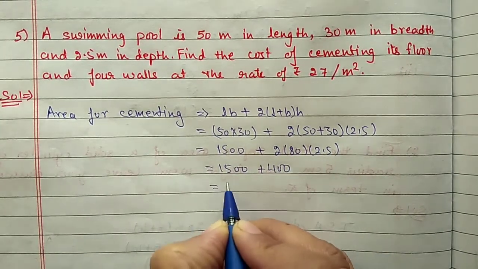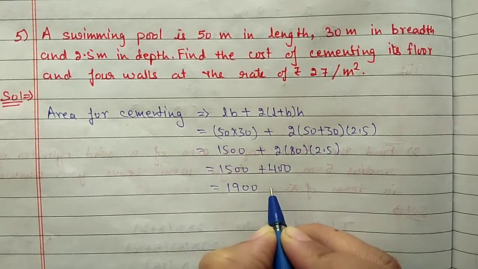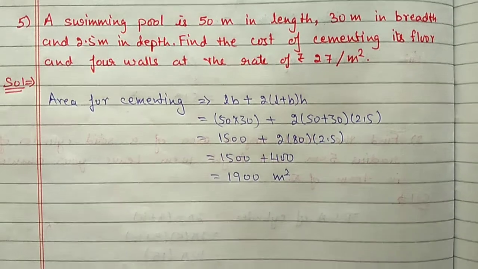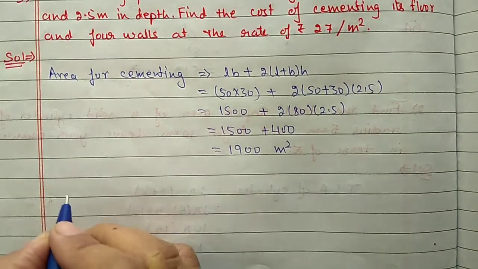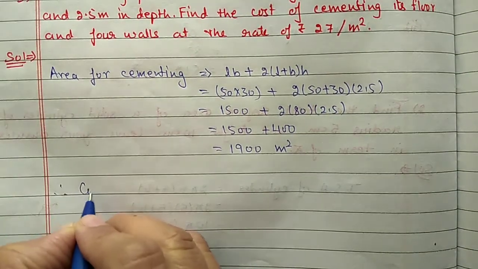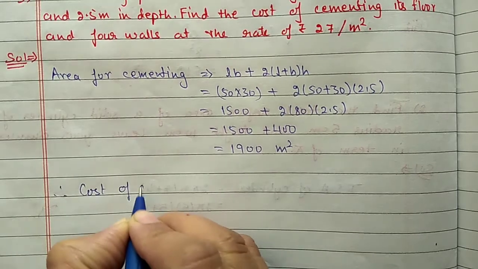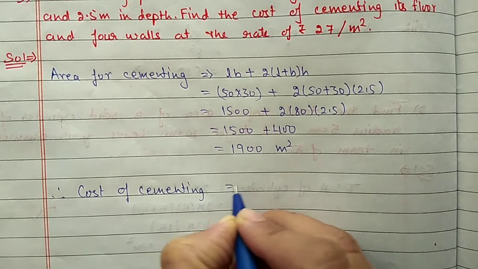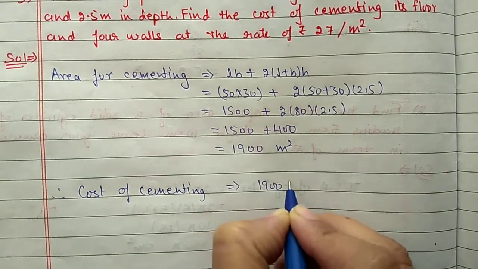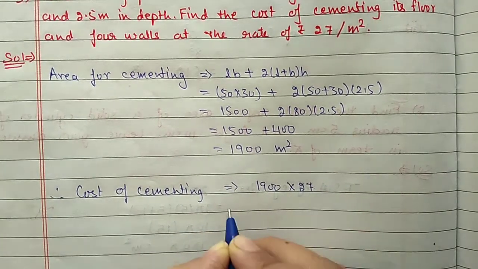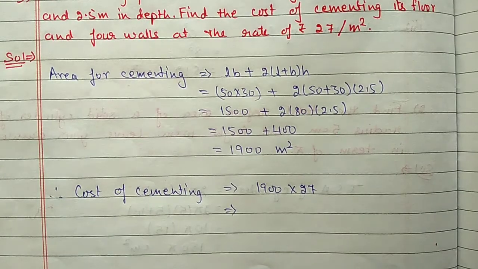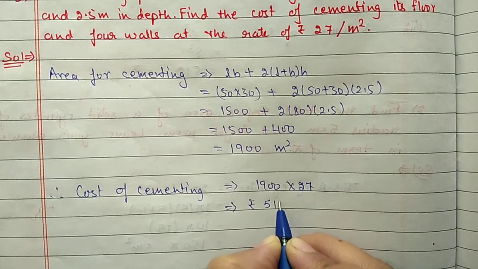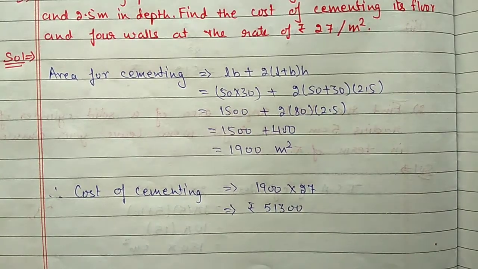So this total area will be 1900 meter square. Now this we can multiply with the cost and we will find out the total value. Therefore the cost of cementing is equal to 1900 into 27. We will get after multiplication 51300.